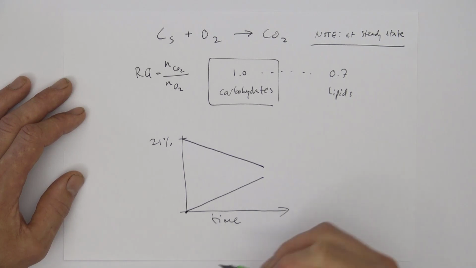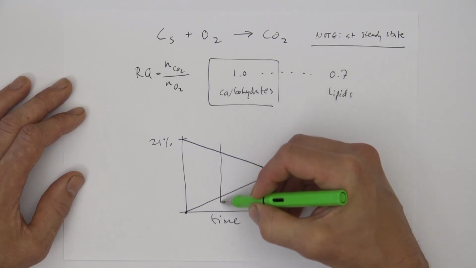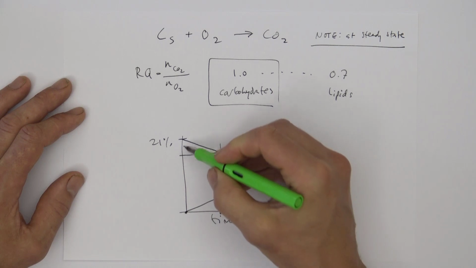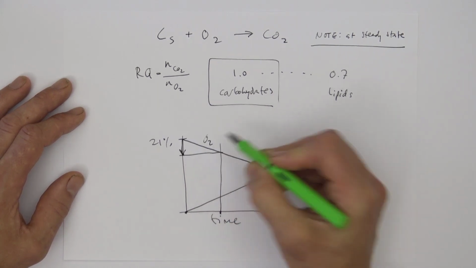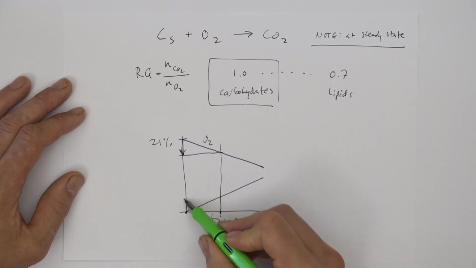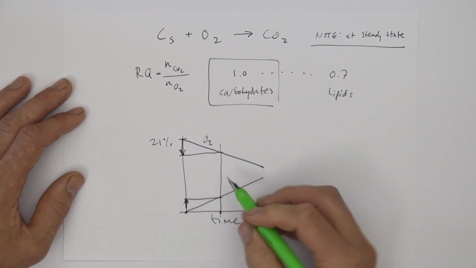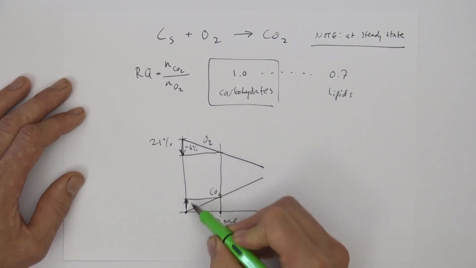So in the previous case, we had a reduction of 6%. Let's say that this is somewhere here, at this time here. We had a reduction of oxygen with 6%. At the same time, we will have an increase in carbon dioxide. So if this is minus 6%, we will have plus 6% here.